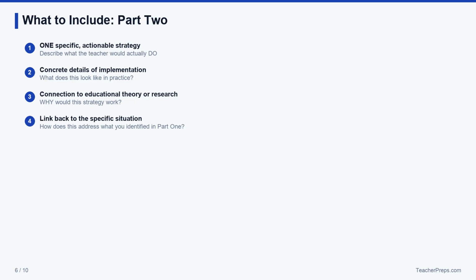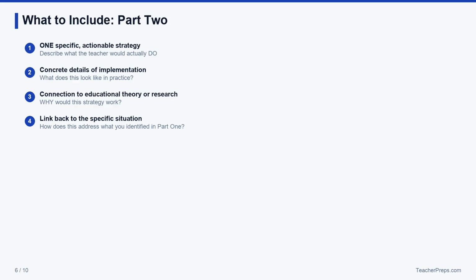Now for Part 2, which typically asks for a strategy and explanation. First, describe one specific actionable strategy. Don't list multiple ideas. Choose one and describe what the teacher would actually do in the classroom. Second, include concrete details. What does this strategy look like in practice? Give a specific example of how the teacher would implement it.